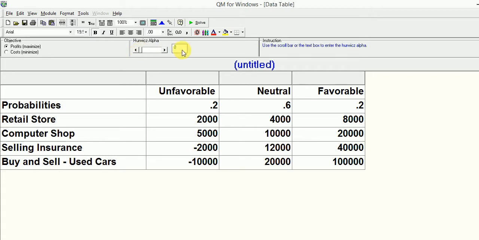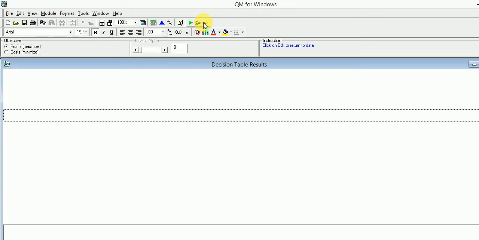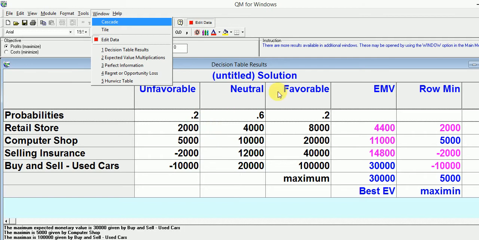You put it at 1, that means it is really correct. Or you put it at 0.5 because that's how sure you are. It's a 50-50 thing. So let's start with just putting it at 0. And when you solve, you will have scenarios like this one.